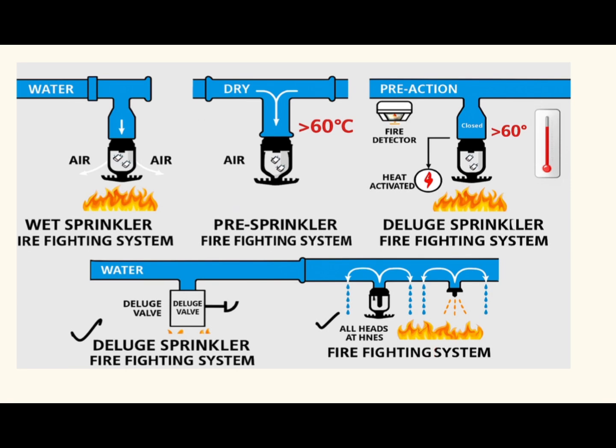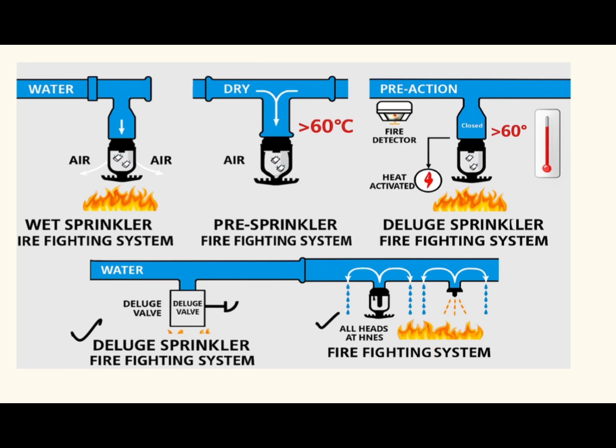Once triggered, the deluge valve opens and water floods through all open sprinkler heads at once. So this will discharge the water at the same time from all the sprinkler heads, right?